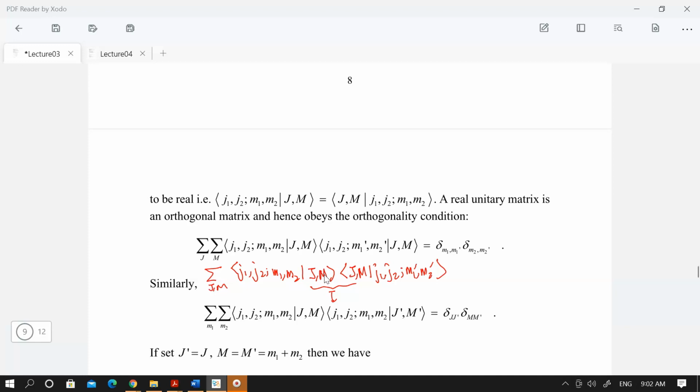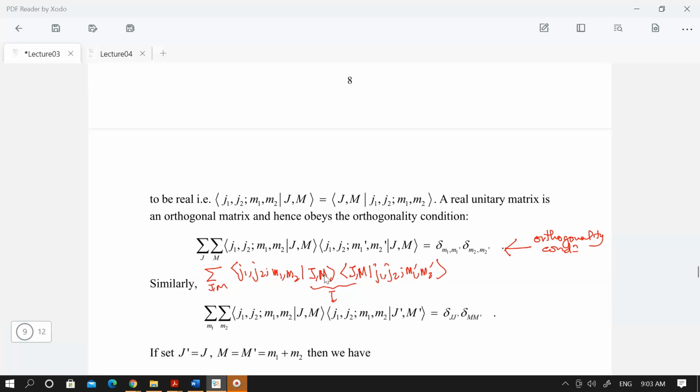So you have the orthogonality condition from there. This is the orthogonality condition, and it really comes from your orthogonal matrix.